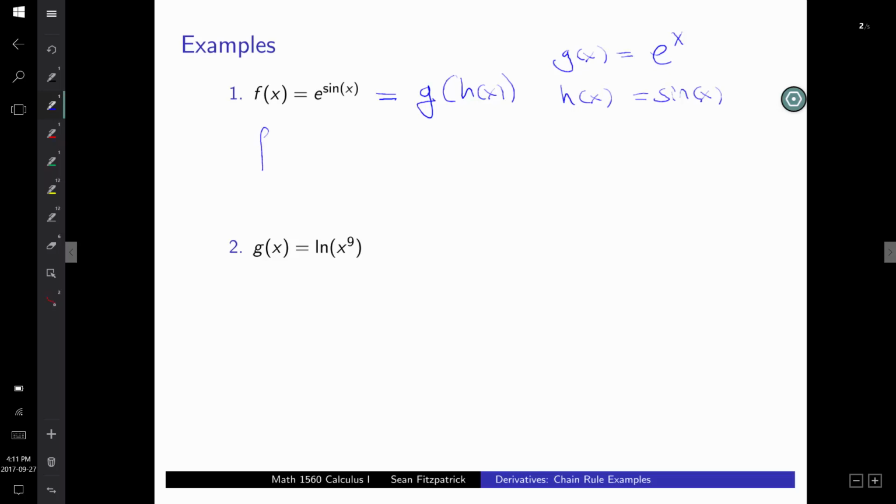So the chain rule says that the derivative of this composition is the derivative of the outside evaluated at the inside, and then I multiply by the derivative of the inside. So we know that g prime of x is, well, the exponential function is its own derivative, so we get e to the x. H prime of x, we have cos x.